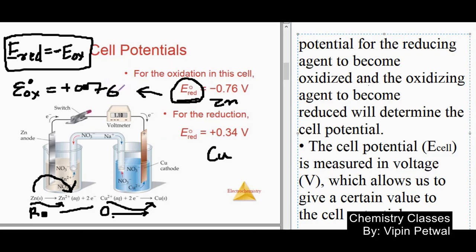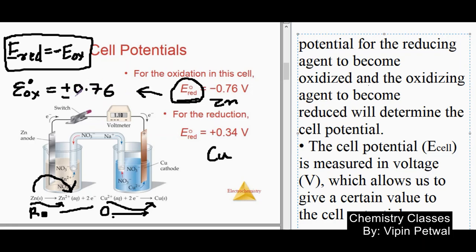So with the help of this we have to determine the cell potential. I'm writing it again, 0.76. This is the oxidation potential, and if we have to make it the reduction potential, we have to put just a minus here.